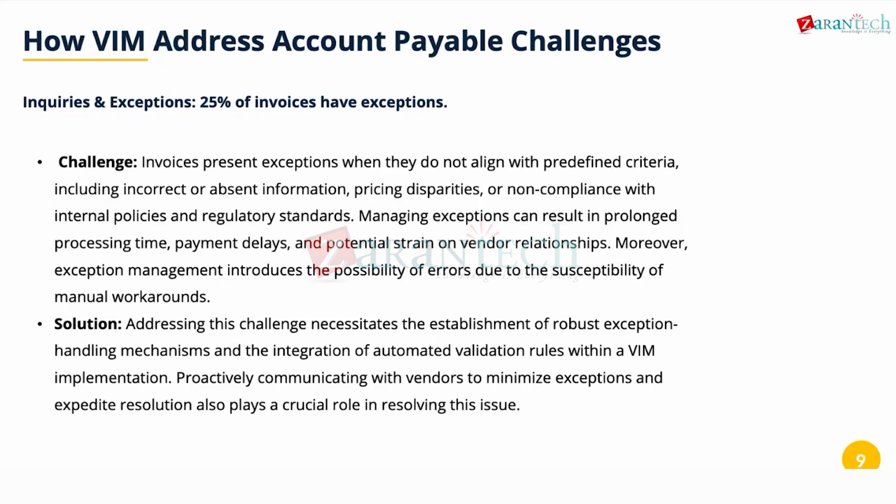There are n number of exceptions pre-configured, roughly 200 exceptions by SAP VIM or the OpenText VIM solution, and we can even configure custom exceptions into the system, so that you can proactively minimize exceptions and communicate with the vendors or internal teams in resolving them.